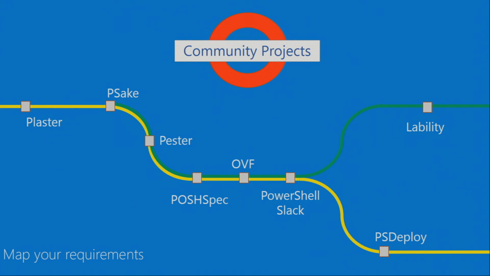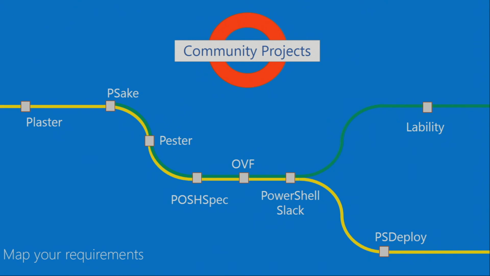The last two are Lability and PSDeploy. Both of them help in the process of getting the configurations out to target nodes and doing testing. I've done a lot of work with Lability, and the folks who have done that have done a really creative job of allowing you to run tests with DSC. We have the environmental data file.